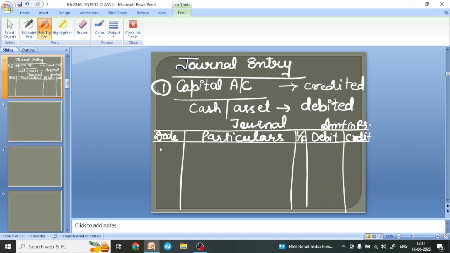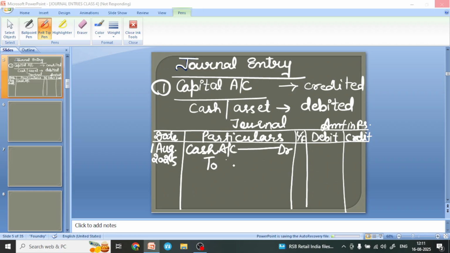For example, you started business on 1st August 2025. You invested 10 lakhs cash for starting the business. Then we will pass entry: cash account debit to capital account.